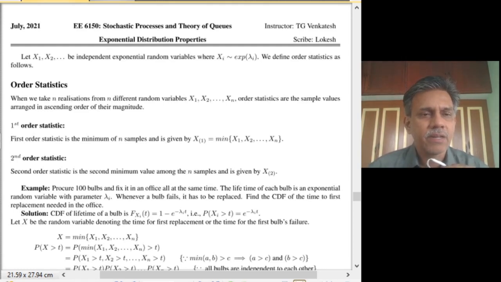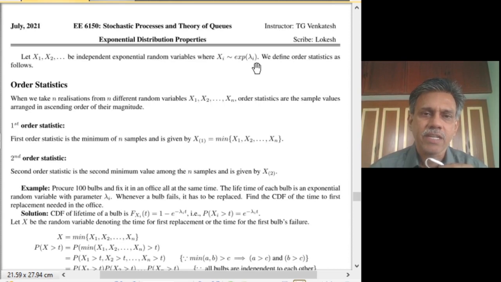Let us look at a collection of random variables which are all exponentially distributed. Let x1, x2, x3 and so on be exponentially distributed random variables, each having its own parameter. Call it lambda i. That is, xi is exponential with parameter lambda i.